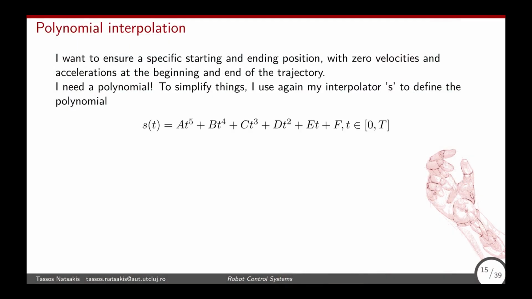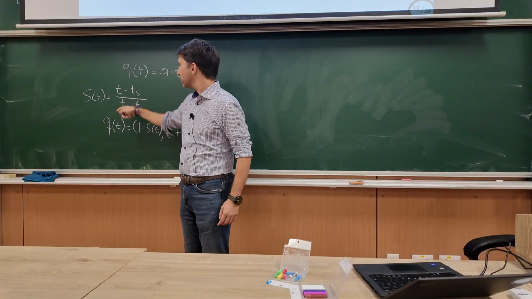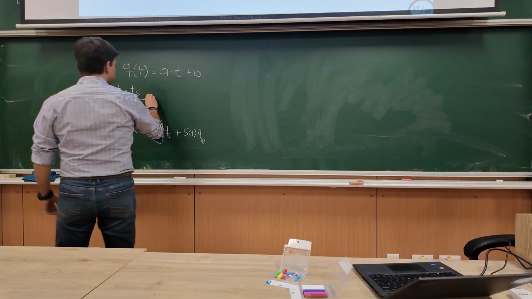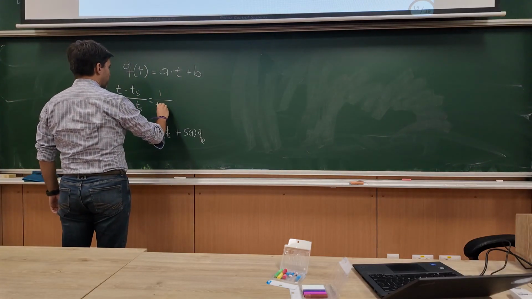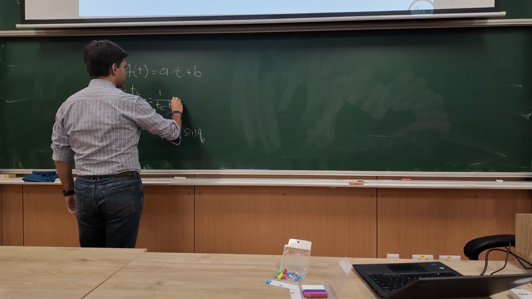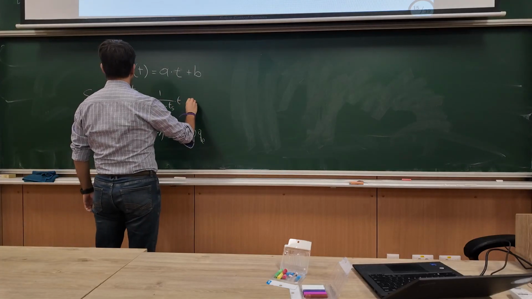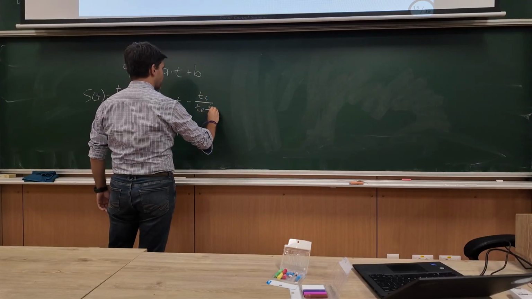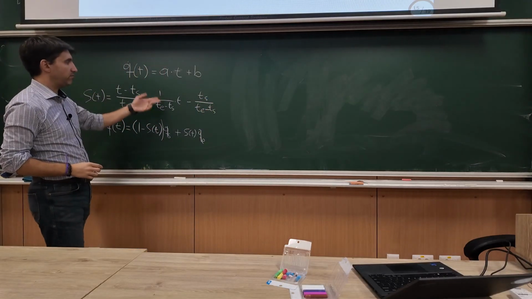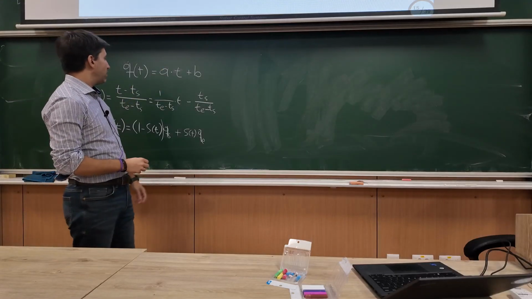So I define the interpolator not with this linear relationship here. This is a line, right? I didn't explicitly write it here, but I wrote it in the slides, times t minus ts and times ts. So this is the same form, right?